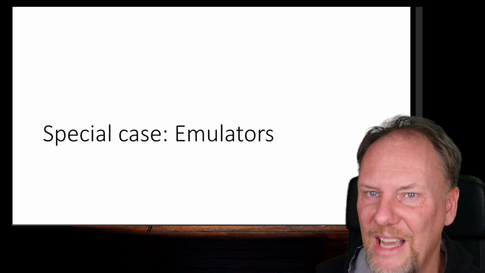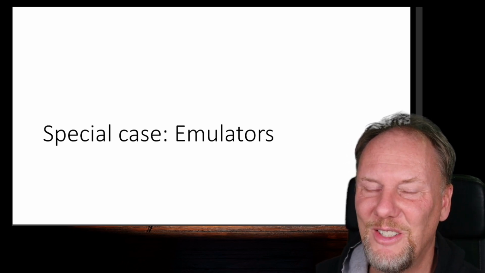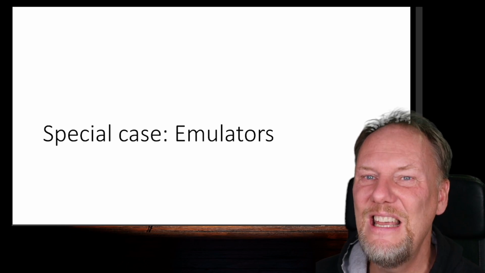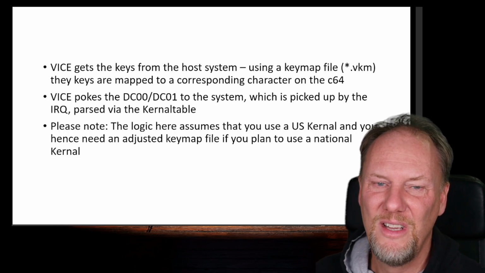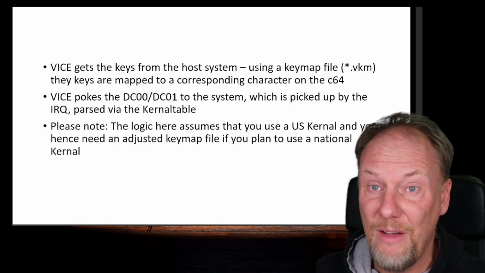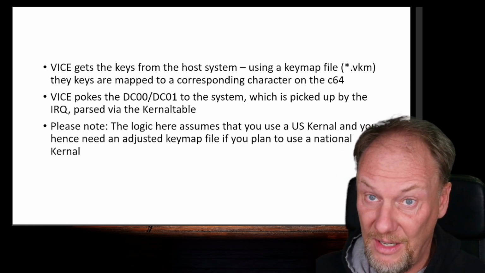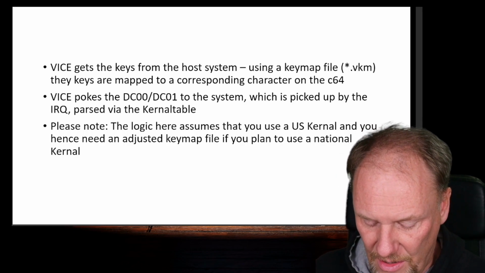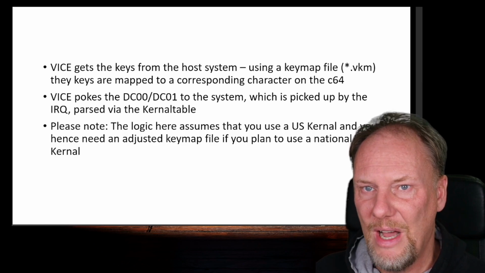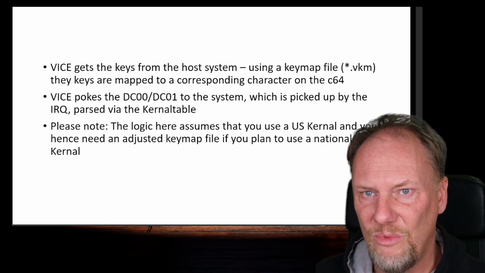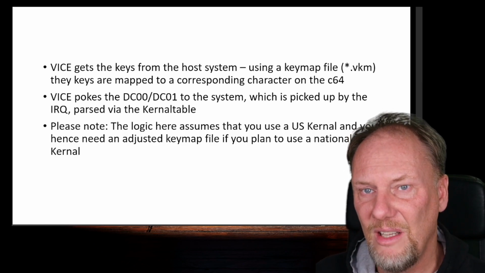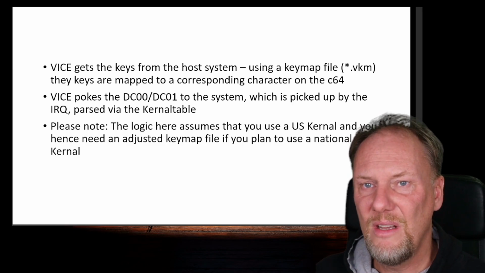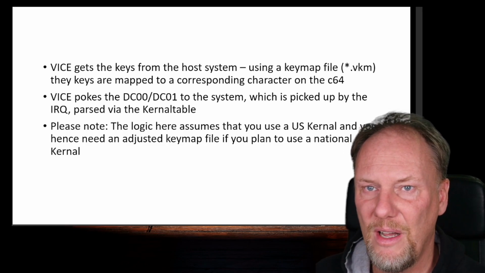There is a special case here, and that is emulators. That adds even more complexity to this, because when you have Vice as an example of an emulator, you have national keyboards, so the OS is detecting your key presses, and then that is fed to Vice.